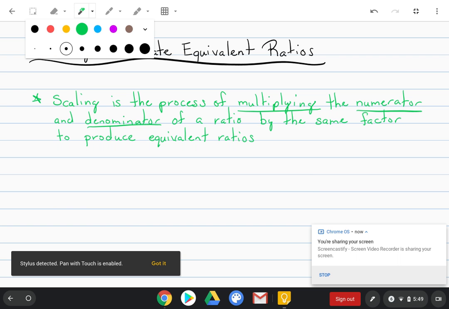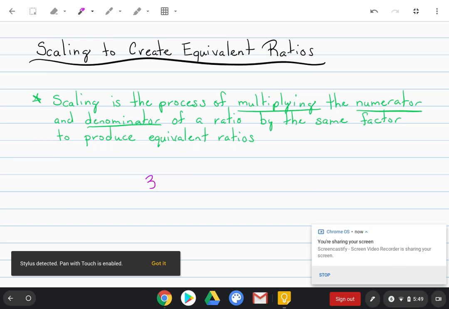So let's give an example. If I give you the fraction or ratio 3/4, and I want to know 3/4 is equivalent to what number, and I'm just going to use a dotted box to represent my number in question, over 8.